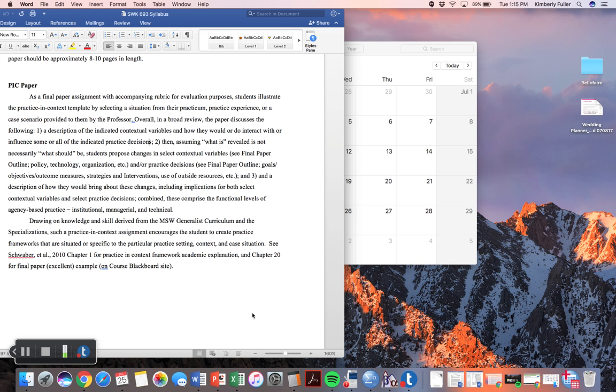But for this paper, it's really more of the context in practice, because you're thinking about specific sexuality populations that you can consider and thinking about applying necessary changes around that aspect of sexuality.